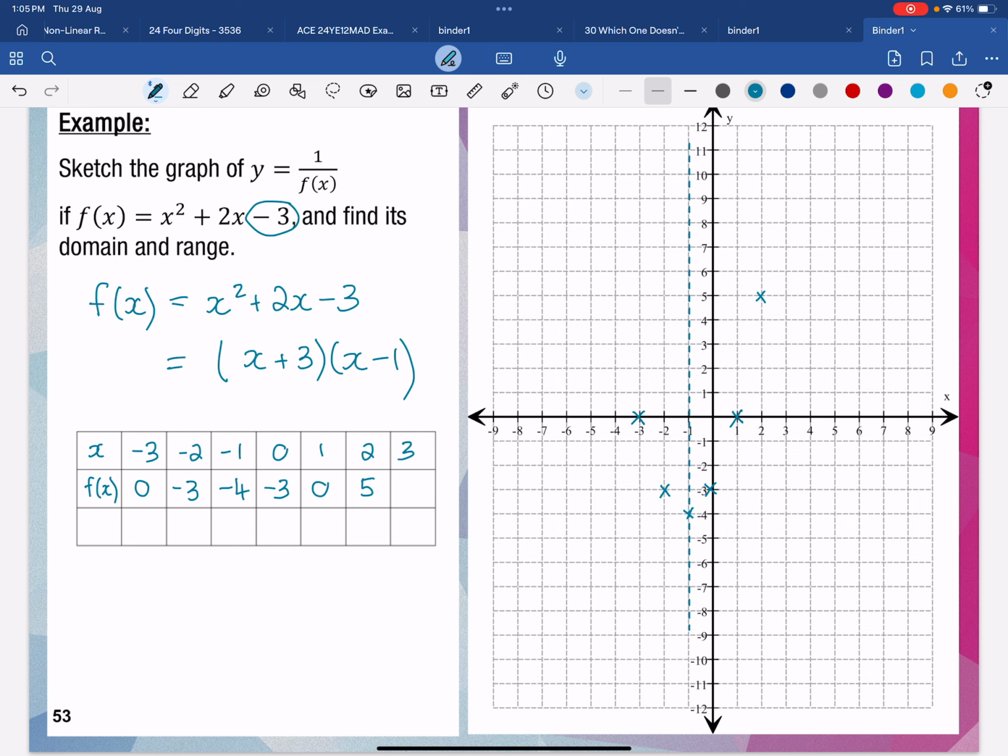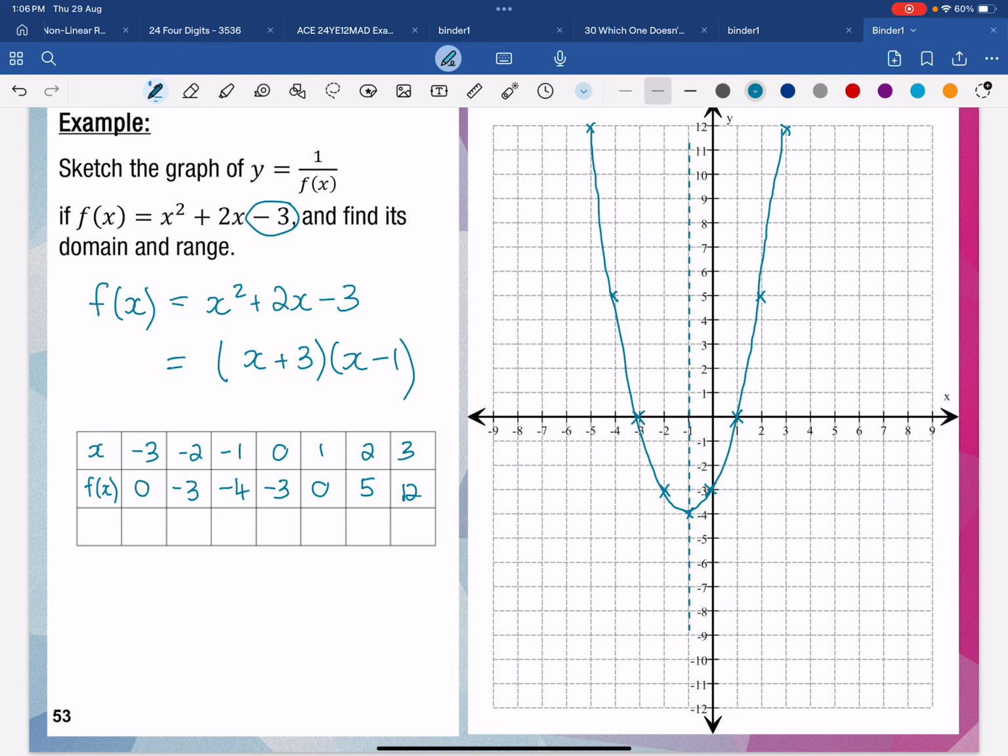Oh, yes, it just does. 3 plus 3 is 6. 3 minus 1 is 2. 2 times 6 is 12. And then for free, I get the ones that are reflected on the other side. That gives me enough to get a really nice shape for my parabola.